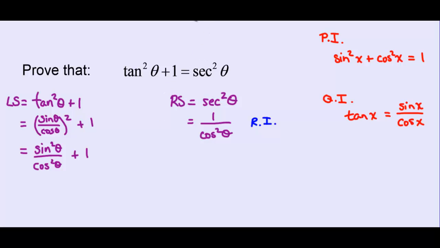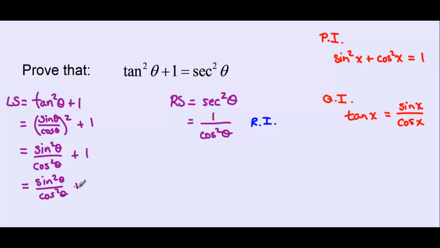Well, we do it by doing any other way in which we want to add fractions together, and that's by finding a common denominator. Our common denominator here is going to be cos squared theta. So let's rewrite this 1 so that it has a denominator of cos squared theta. So this is going to be sine squared theta over cos squared theta. That hasn't changed.